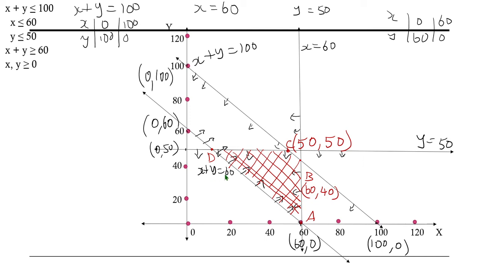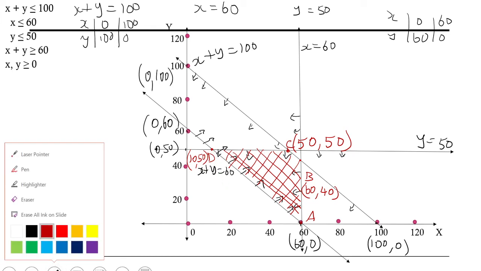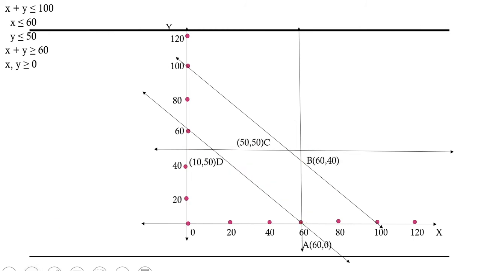So x plus 50 is equal to 60. X is 10. So the coordinates for D is 10, 50. So I hope this is clear. We have obtained the feasible region and the corner points A, B, C and D. So these are the corner points of the feasible region.